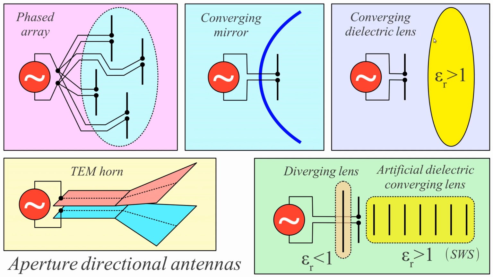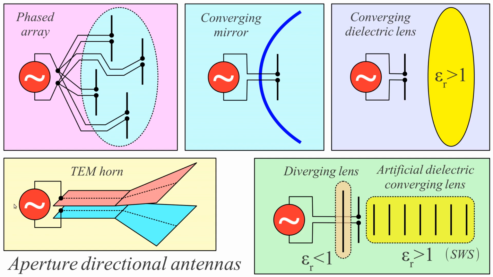A converging dielectric lens can perform the same function as the mirror. It can also transform the radiation of my dipole in all directions into almost parallel rays or a narrow cone to infinity. So a dielectric lens is also a solution.